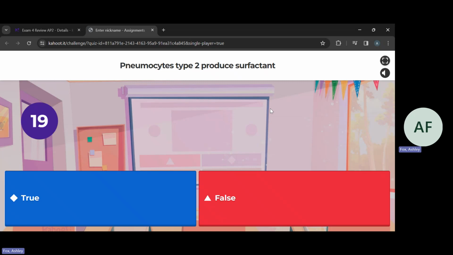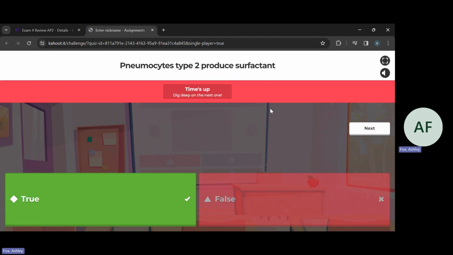True or false, pneumocytes type 2 produce surfactant. This is true.